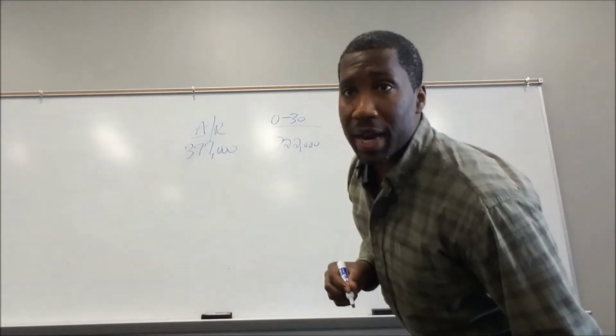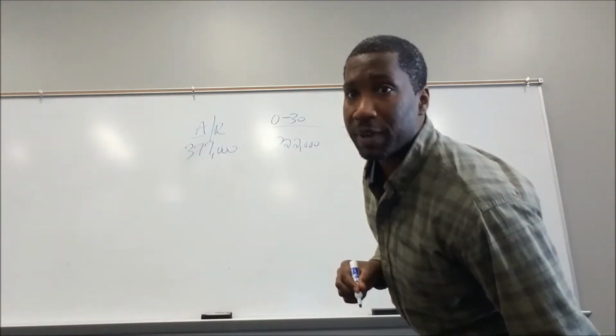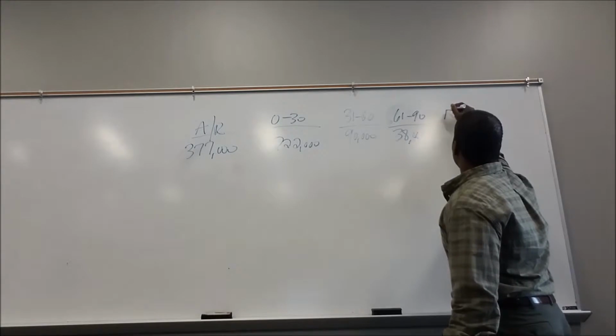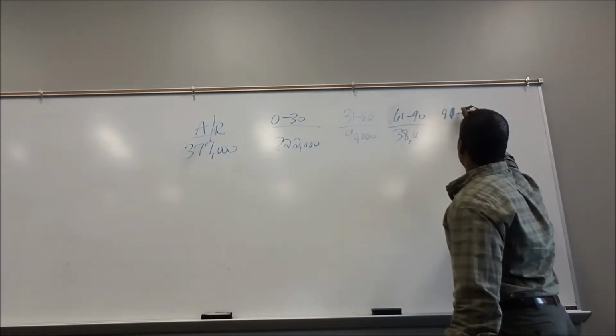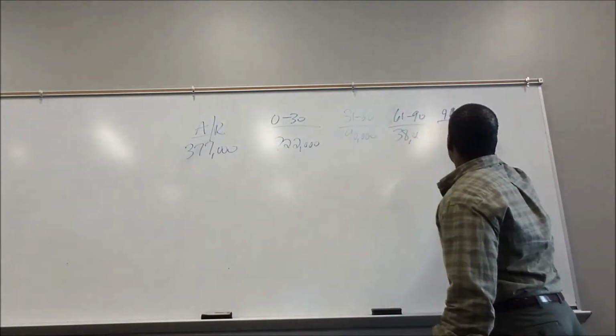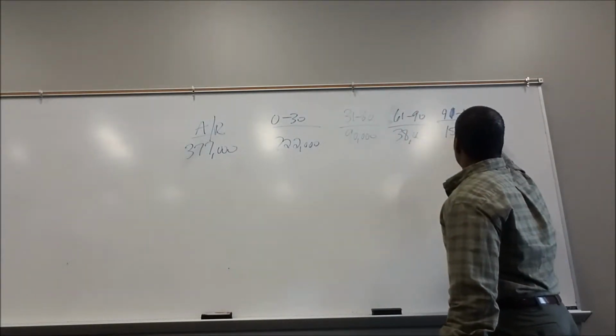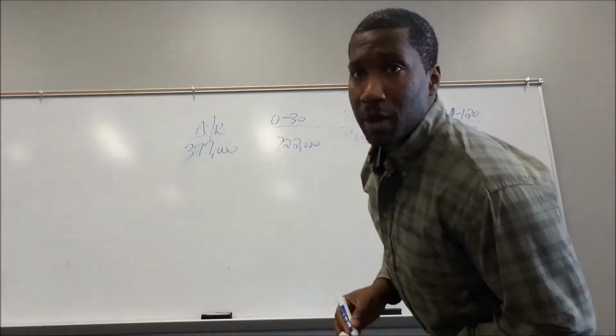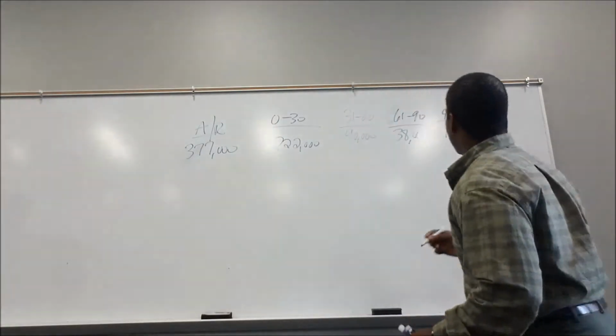And 90 to 120 should be 15,000, I think. And over 120, I have 12,000 outstanding.